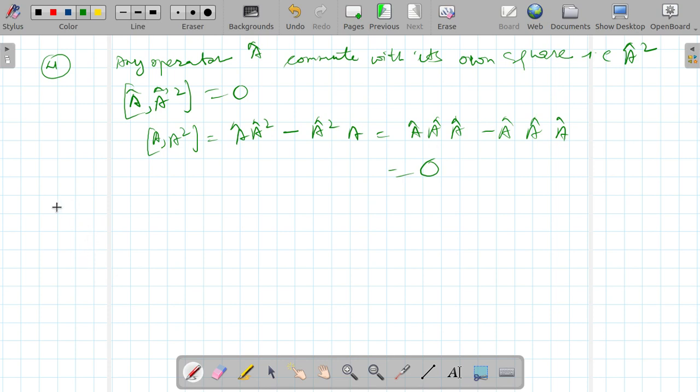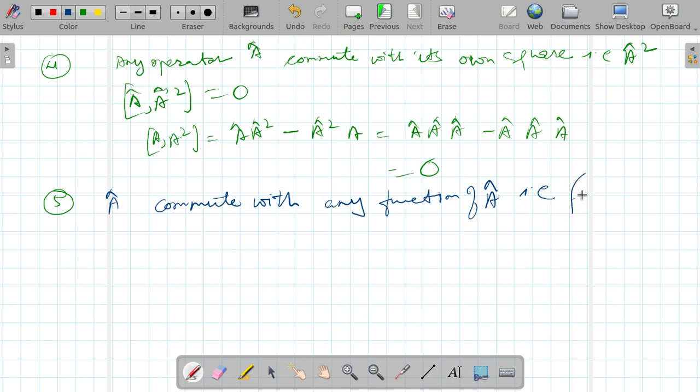Then next is a very interesting result. An operator A commutes with any function of A. That is, if we have a function of the operator A, then its commutator with that operator is always 0.